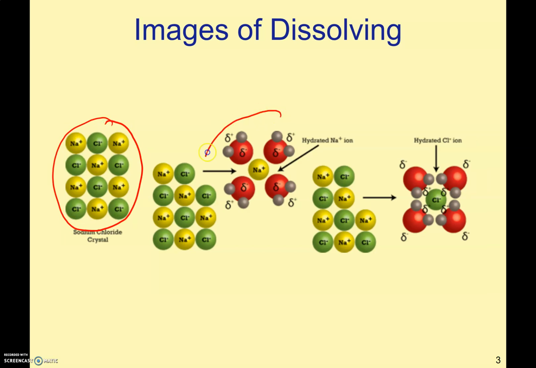What happens when you put it in the presence of water is that the partial negative of oxygen surrounds the cation, and the partial positive of hydrogen surrounds the anion, thus pulling apart the crystal lattice it was locked in. And when the ions can move, they're able to conduct electricity. But that is how dissolving works for ionic compounds.